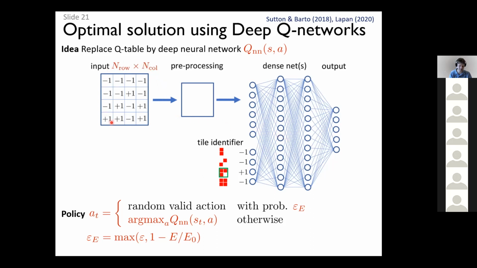So we start with an input state that is the binary grid and tile identifier, and then this network gives an output. The number of nodes here should be equal to the number of actions, or the maximal number of actions rather. And for each action, the output here will give a value. So the values of these outputs correspond to the Q values.